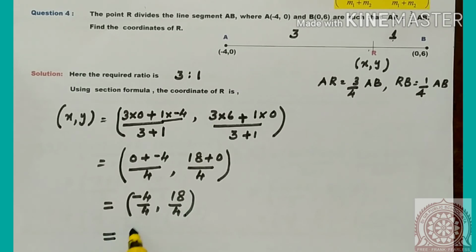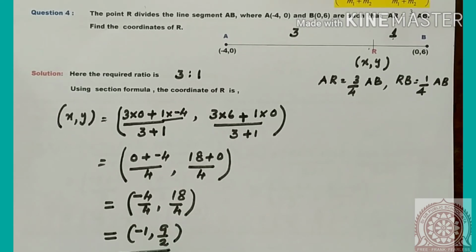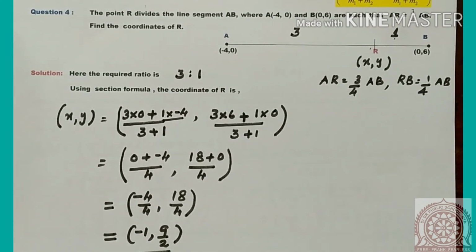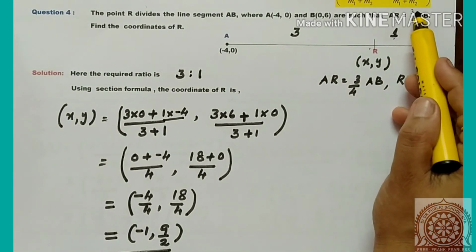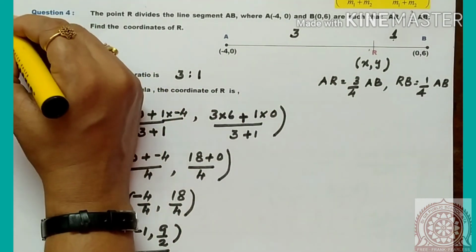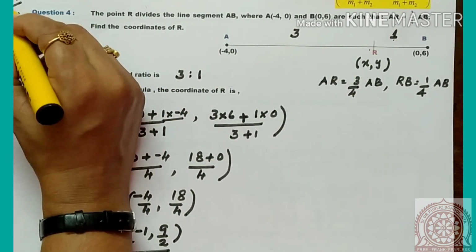This you can convert as minus 1, and 18 by 4 can be cancelled by 2. You get 9 by 2 as the answer. So, a very important question: how to find the coordinate of a point P or R when the ratio is given as a fraction, or AR is given as 3 by 4 of AB. I hope that all of you understand this question.